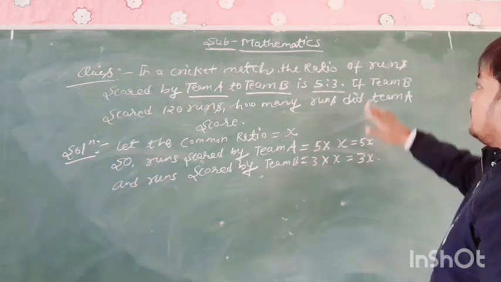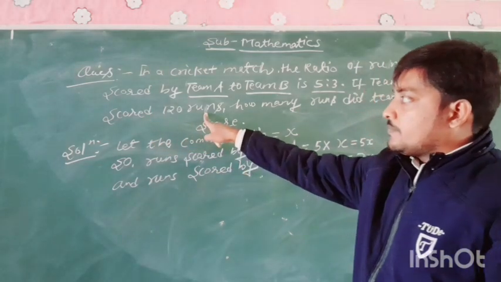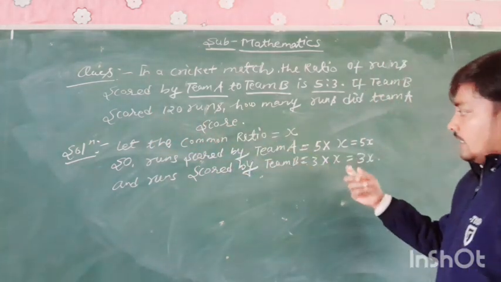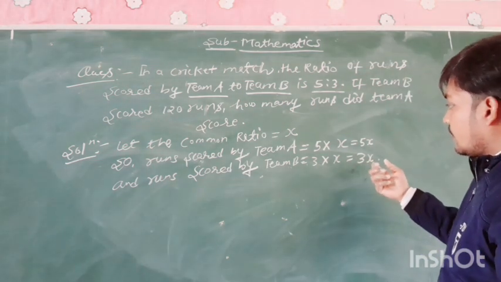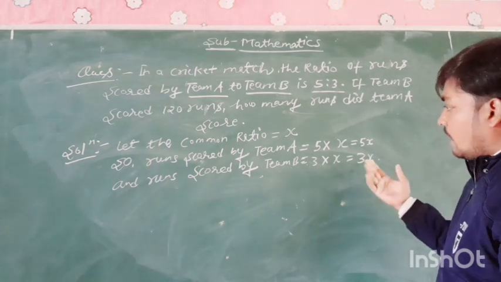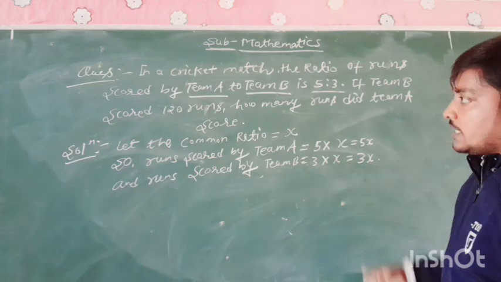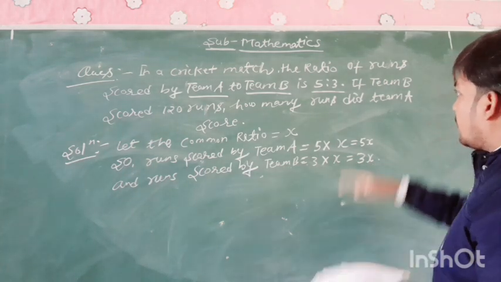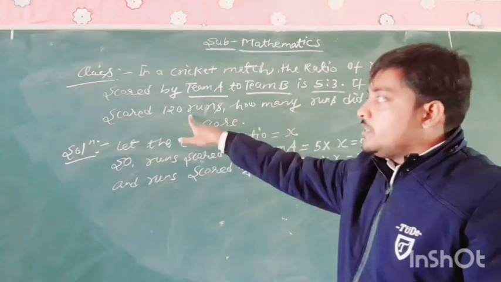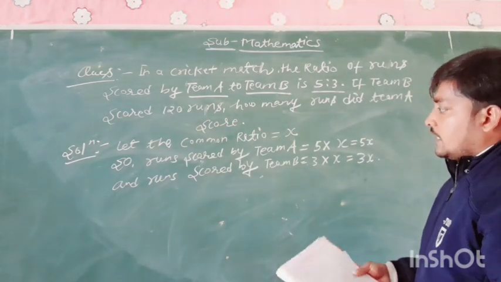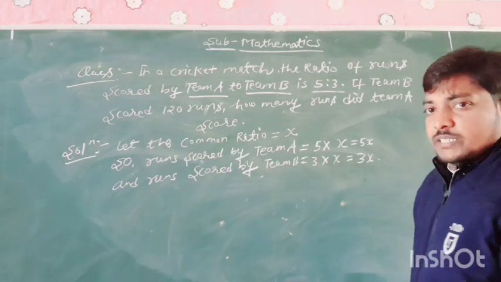In the problem, team B scored 120 runs, and we already know the runs scored by team B is 3x. In this case, the values are equal to each other.